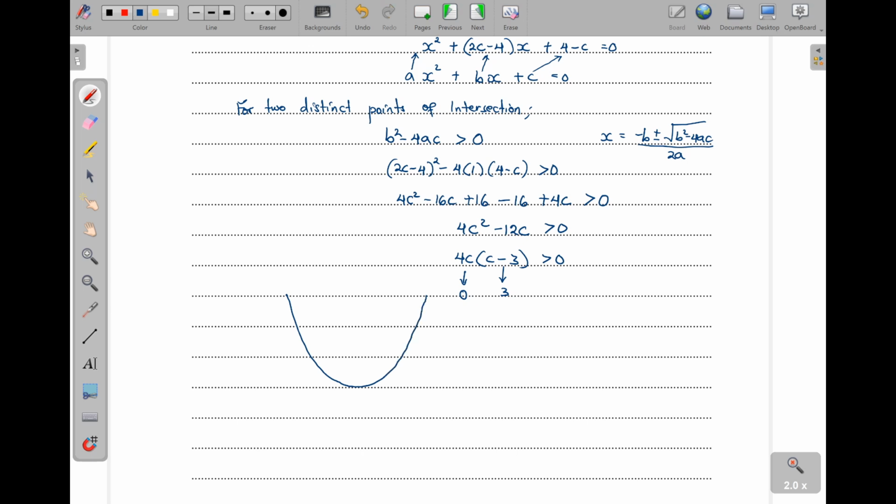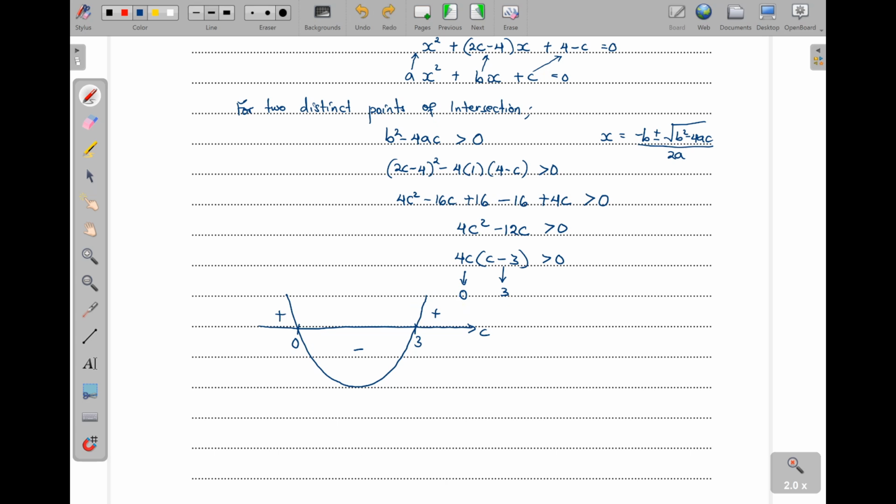Where this one crosses the c axis, now it's not x because the quadratic is in terms of c. Here we are having 0, and then here we shall have 3. So this is the positive part of the graph because it is above the c axis, and then this is the negative because it is below, and then here it is also positive because it is above.